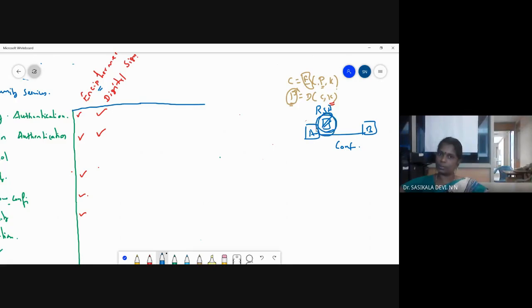Alice's key or Bob's key? Here confidentiality means this data is to be opened only by Bob. So Bob needs to use his own private key. If so, which key is to be used to encrypt the data?